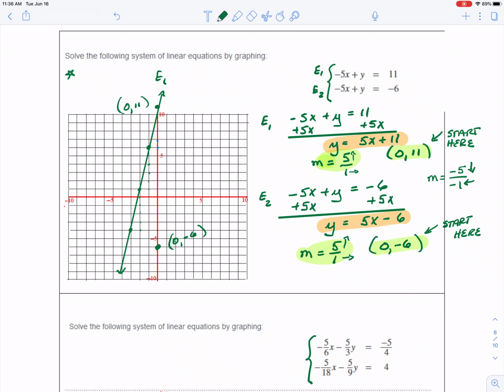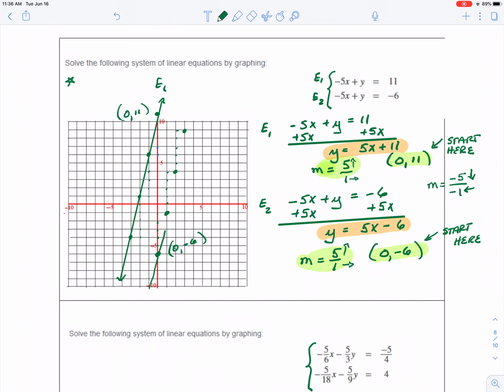So if I count up 5, right 1, up 5, right 1, I'll do it one more time. And I connect those. Turned out okay. Here's equation number 2.